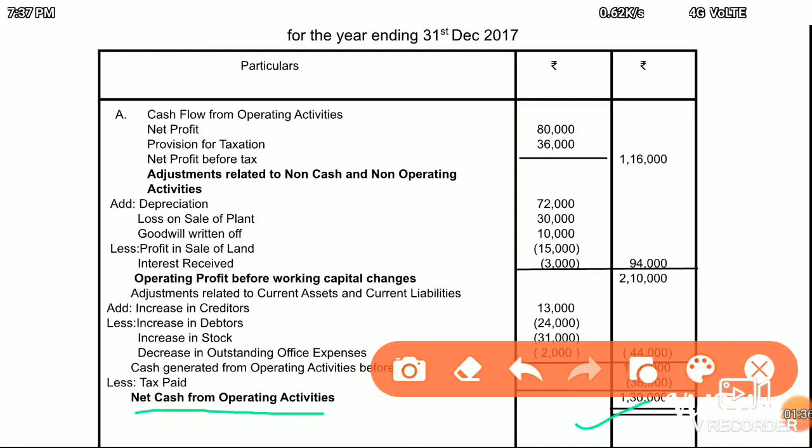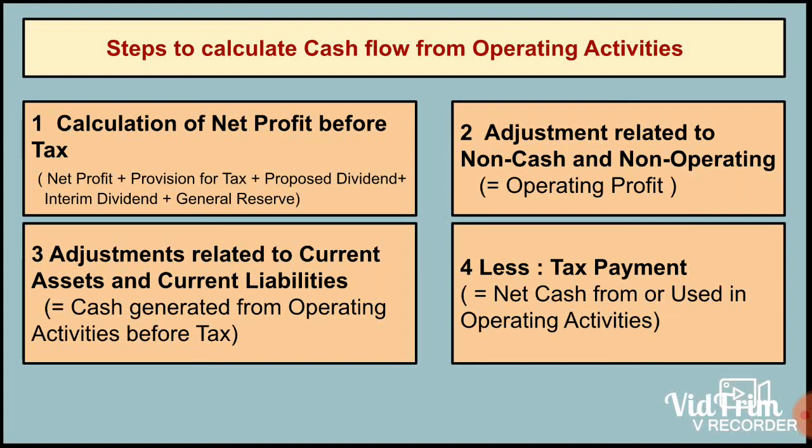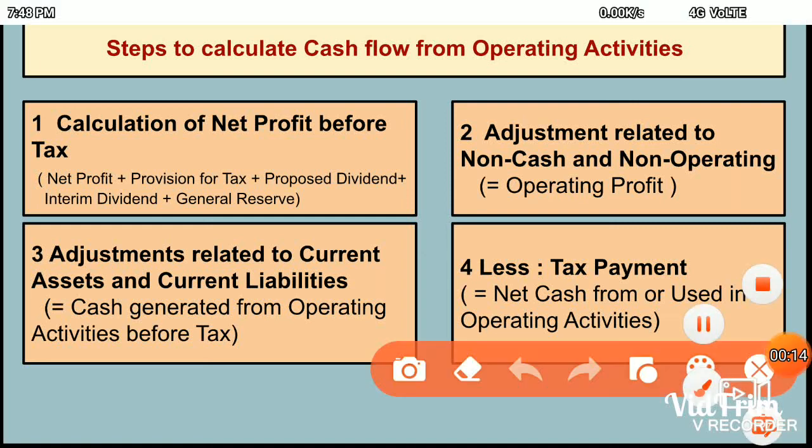After calculating that, what we finally arrive at is net cash from operating activities, which is 1,30,000. The steps to calculate cash flow from operating activities that we followed were: number one, firstly we calculated the net profit before tax. If in the question there is any item like provision for tax, proposed dividend, interim dividend, or general reserve deducted from the profit, and our net profit before tax is not provided, then we add all these items back so that we get the net profit before tax.